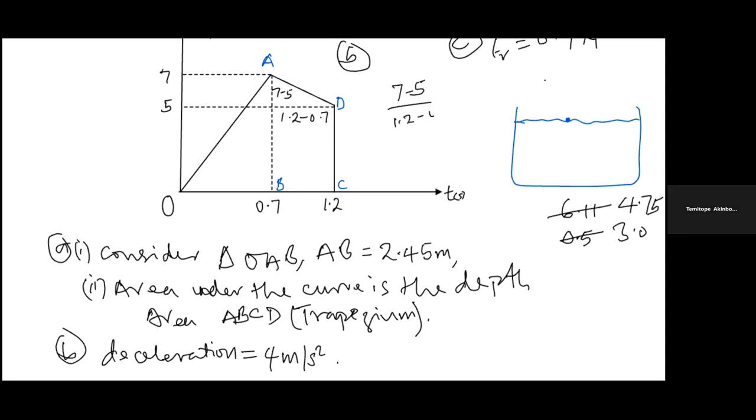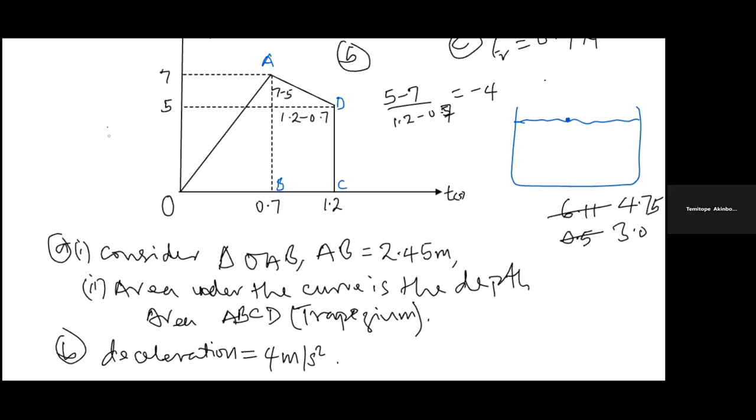Because it's a negative slope, it should be 5 minus 7. That will give you minus 4, which means deceleration. Correct?